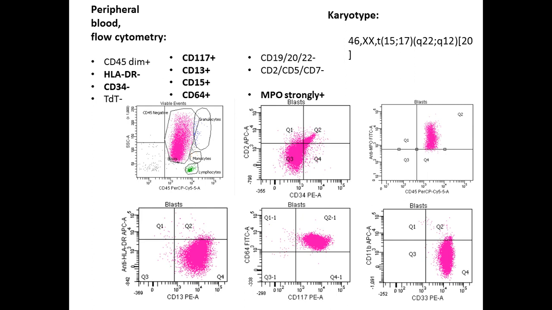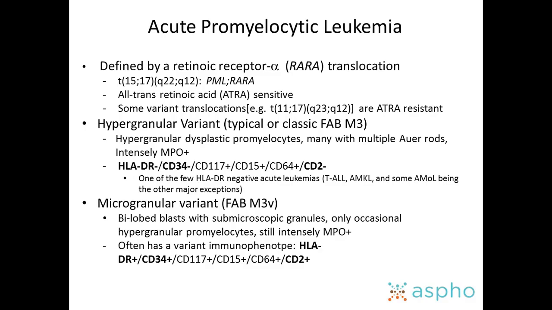APML is defined by the presence of the 15;17 translocation, which translocates the retinoic acid receptor alpha to a gene called PML, or promyelocytic leukemia, on chromosome 15. There are some variant translocations that are resistant to ATRA therapy, and for that reason it's important to recognize variant translocations in addition to the diagnosis itself.